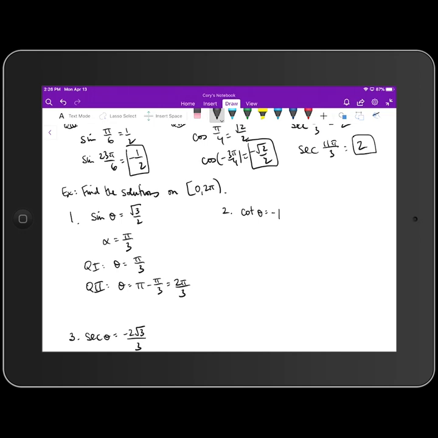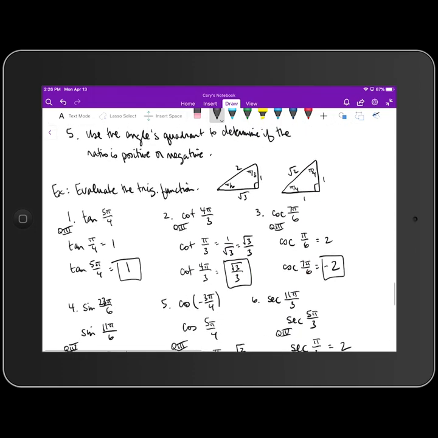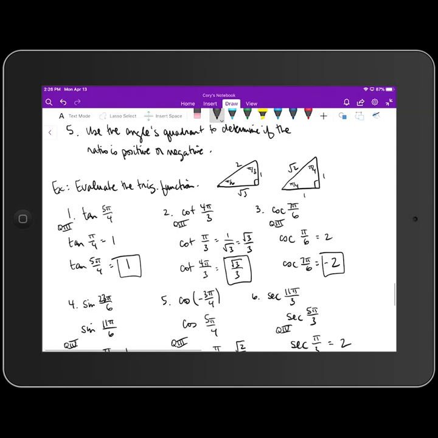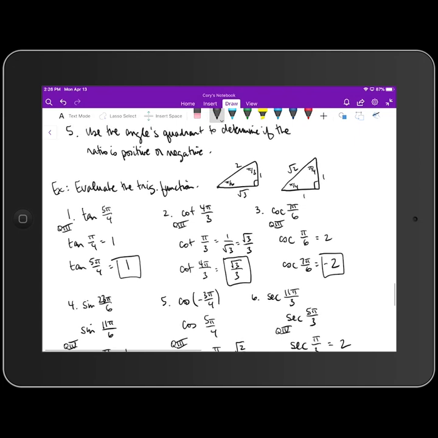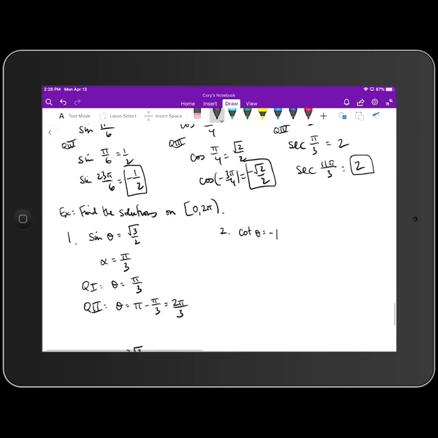Looking at problem 2, the cotangent of theta is equal to -1. We want to figure out the reference angle here. When we look at the two reference triangles that we've drawn, the cotangent of what angle is going to be 1? You should see that that angle is pi over 4, because cotangent is adjacent over opposite.